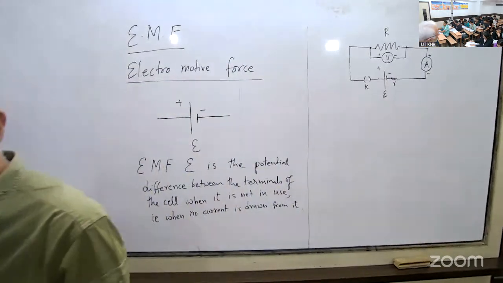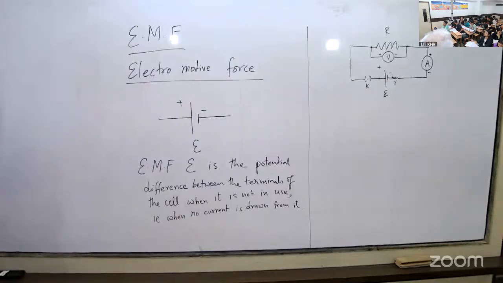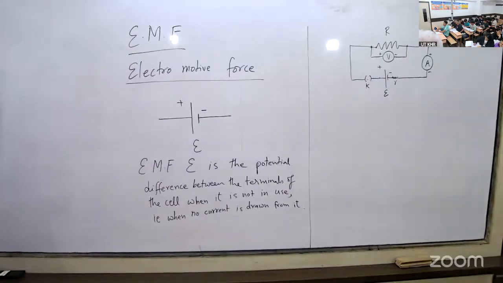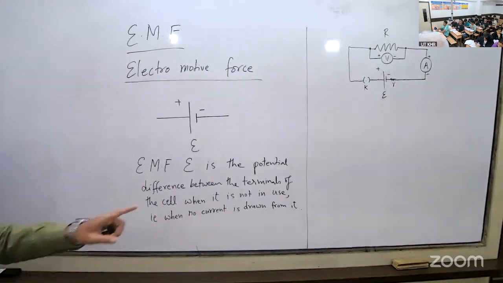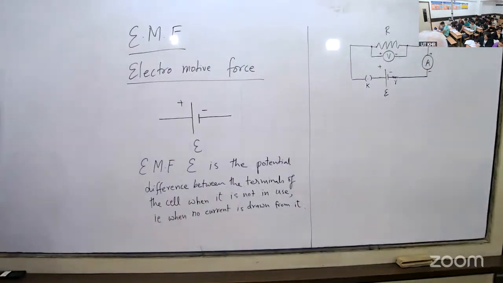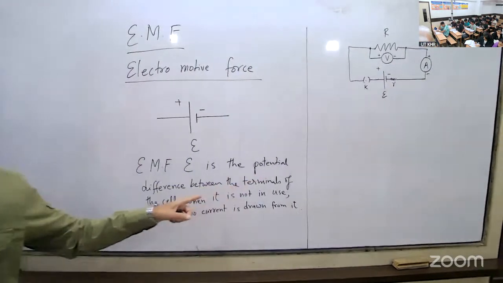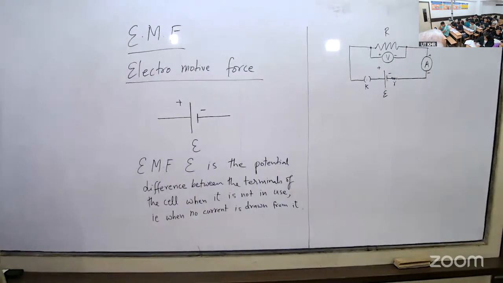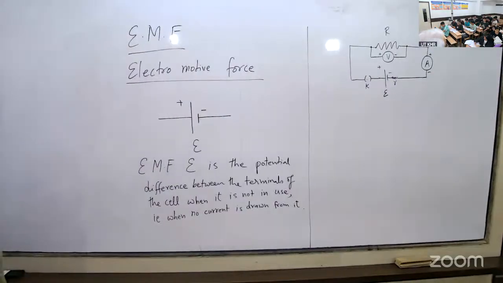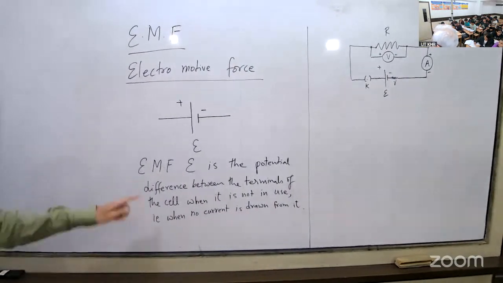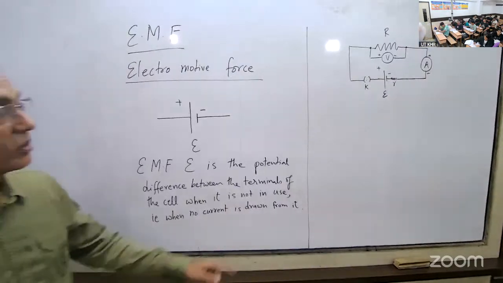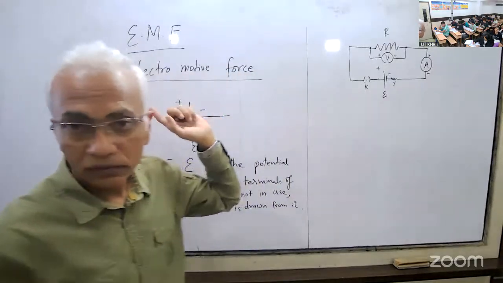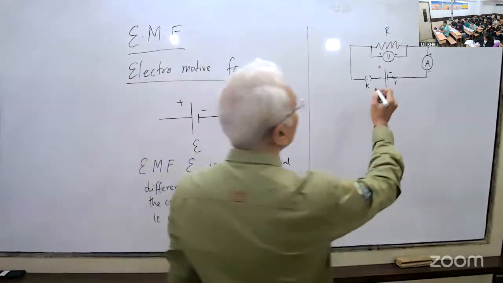This is a typical circuit diagram that we will come across often. There is one more definition for EMF. What is EMF? It is the potential difference. And how did we define potential difference? Work done per unit charge. So in terms of work done, EMF is the work done in taking the unit positive charge through the full circuit. What is the full circuit?